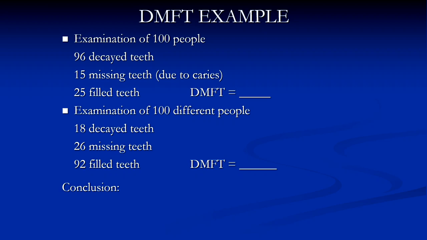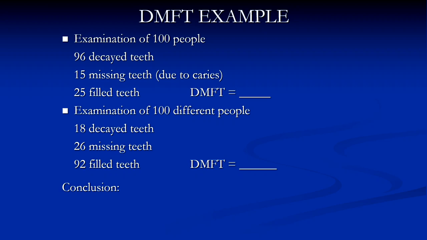So let's say we do an examination, and I'm using the term examination loosely here. We do a clinical screening of 100 people. Let's say we do a clinical screening of the D4s.